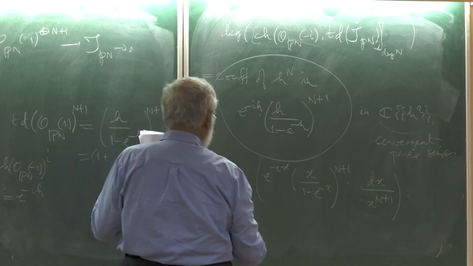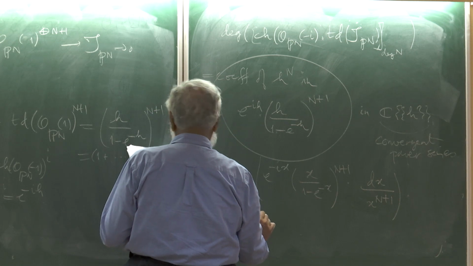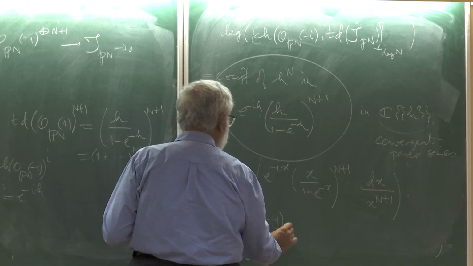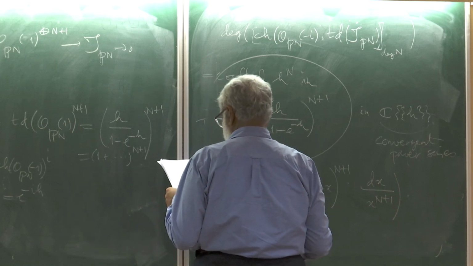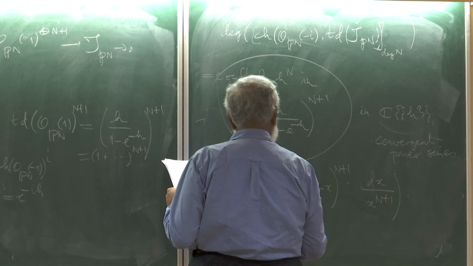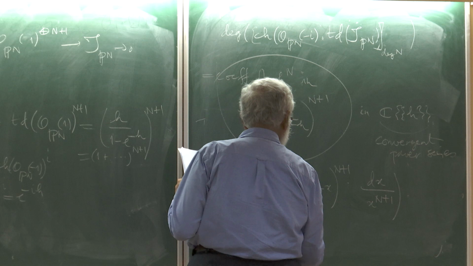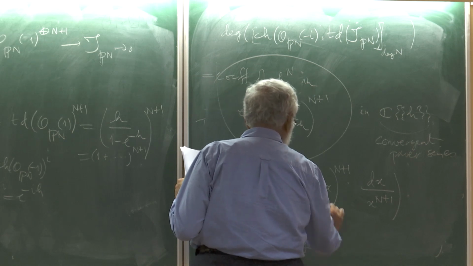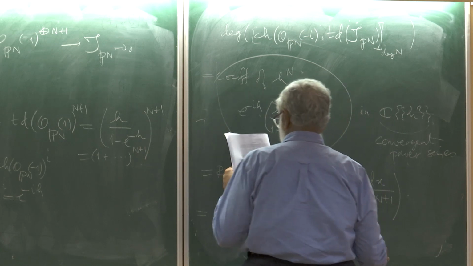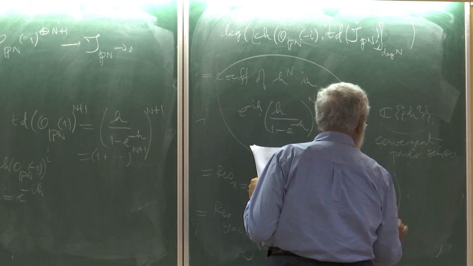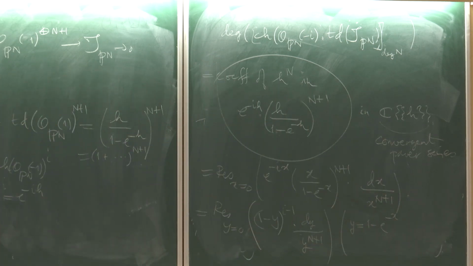The residue at y equals 0 of (1 minus y) to the i minus 1, dy over y raised to n plus 1, where I make a substitution y equals 1 minus e to the minus x, which looks like x plus higher degree terms.